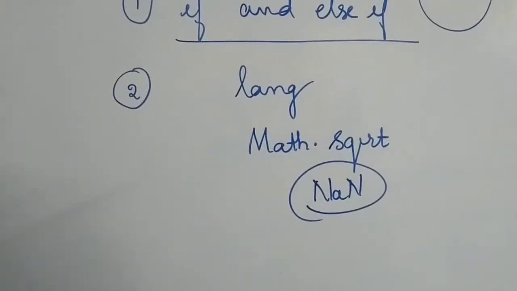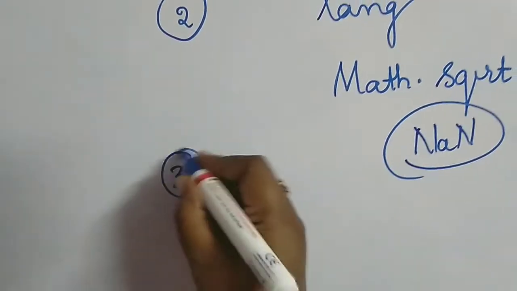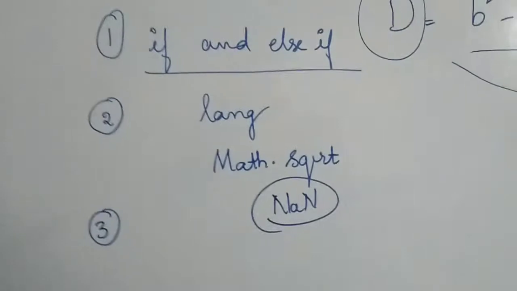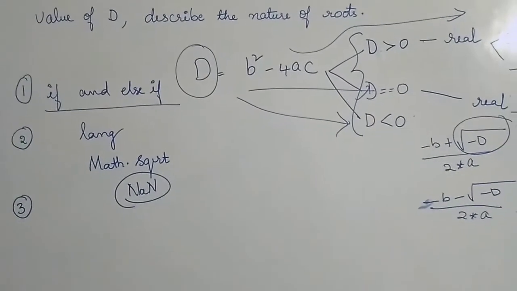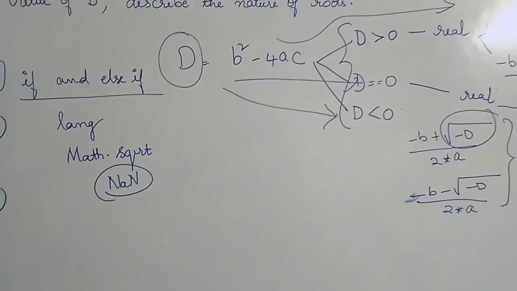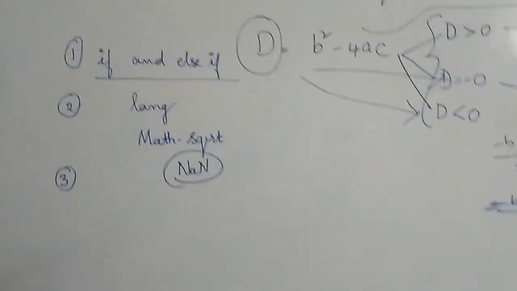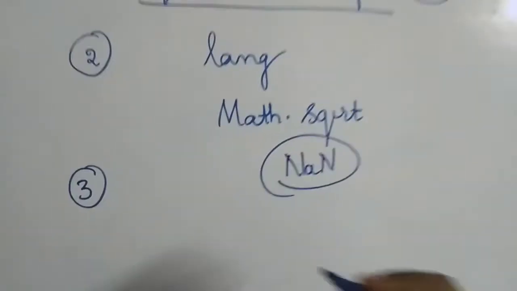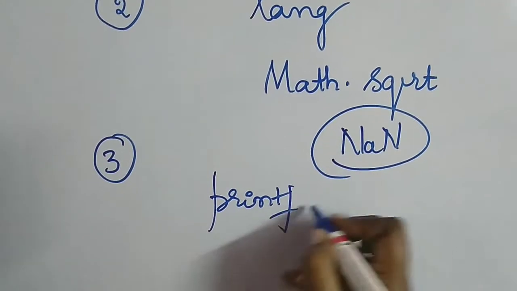And the third one is how to format your output, because this program deals with mathematical equations and the outcomes are also double values. So you need to know how to format your output properly. To format the output, I am going to use the printf method.